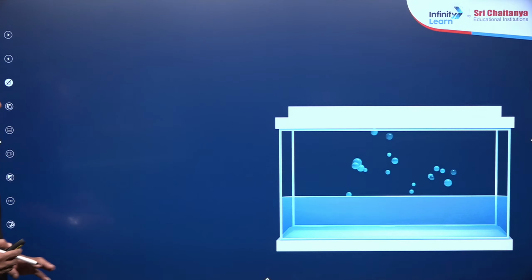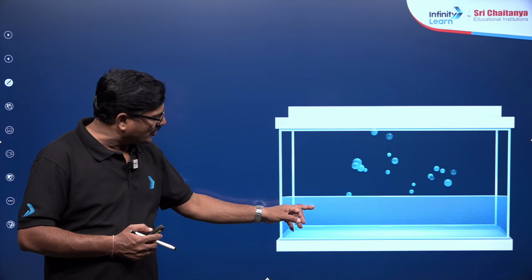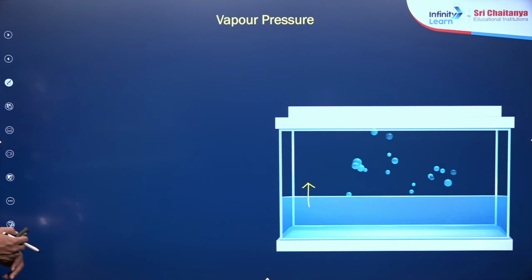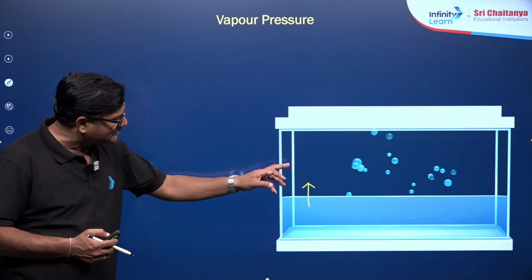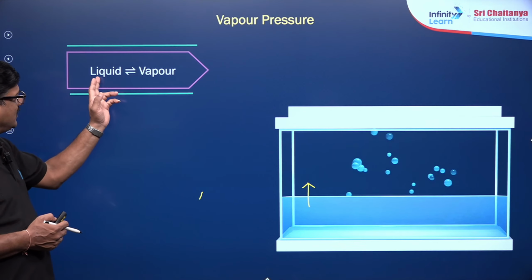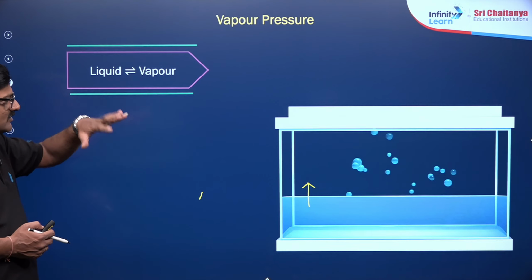So what is vapor pressure? When you see this liquid, the liquid is going to evaporate. When this liquid is evaporating, this vapor is going to condense back. This is the process where the liquid is converted into vapor, and the vapor is converted back into the liquid.